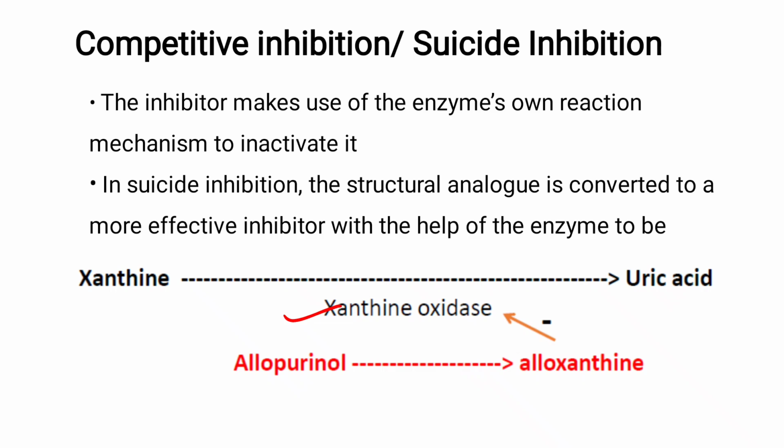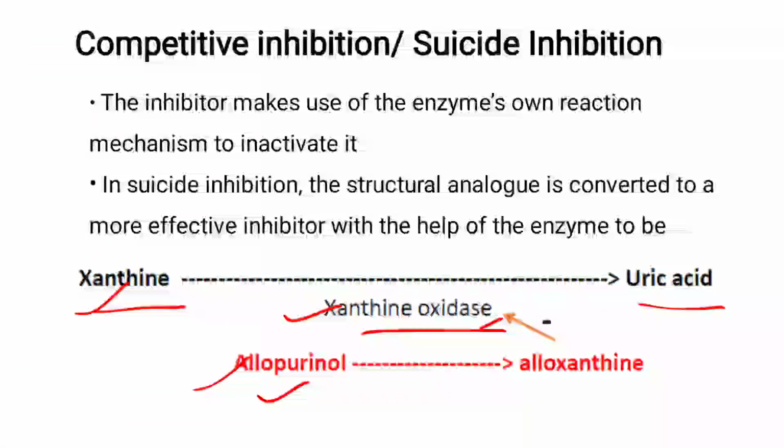This is the last step catalyzed by xanthine oxidase, where xanthine is converted to uric acid, and this particular enzyme can be inhibited by a chemical substance called allopurinol. Allopurinol structure is similar to the xanthine structure. So allopurinol competes with xanthine in order to bind at the active site of xanthine oxidase. When xanthine oxidase is bound with allopurinol, it is inhibited.